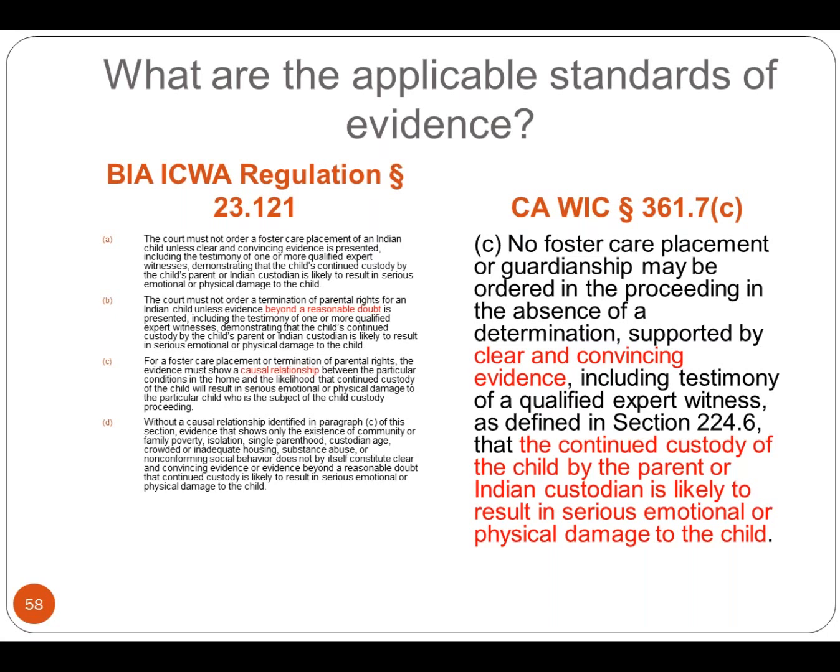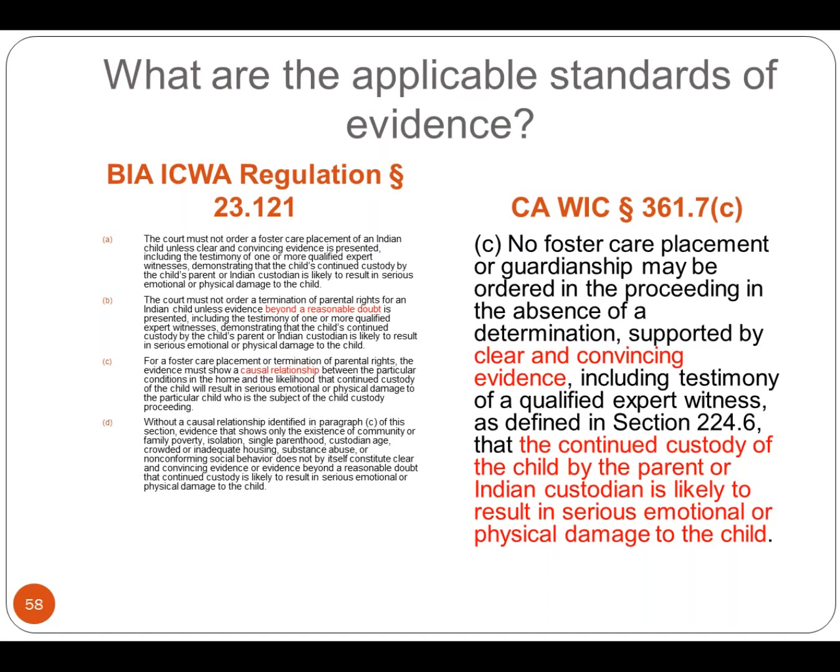The court must not order a termination of parental rights for an Indian child unless evidence beyond a reasonable doubt is presented, including the testimony of one or more qualified expert witnesses, demonstrating that the child's continued custody by the child's parent or custodian is likely to result in serious emotional or physical damage to the child. This is a higher evidentiary standard, beyond a reasonable doubt.